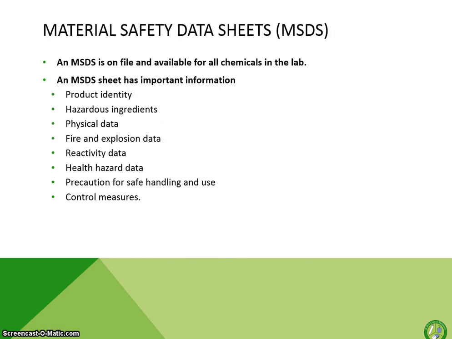The material safety data sheet has the following information: product identity, hazardous ingredients, the physical data, any fire and explosion data, reactivity data, health hazard data, precautions for safe handling and use, and control measures.